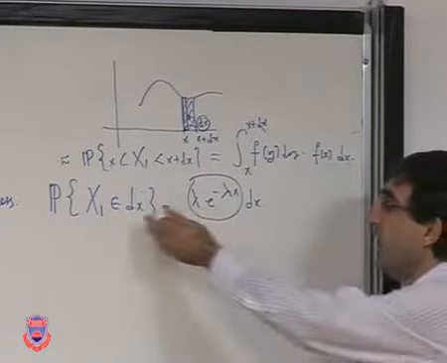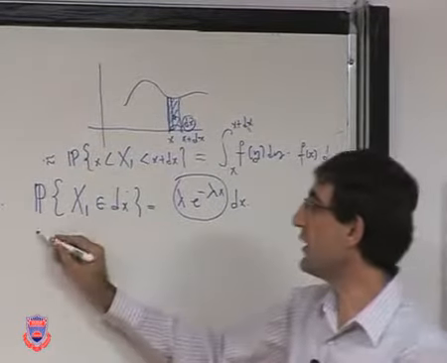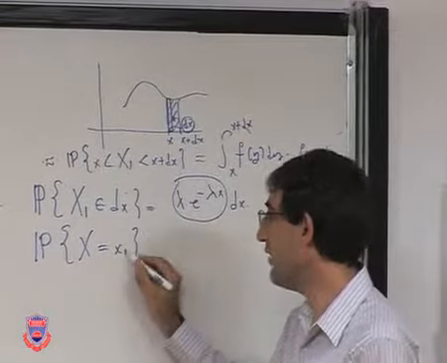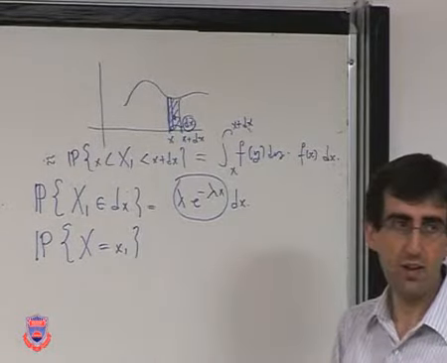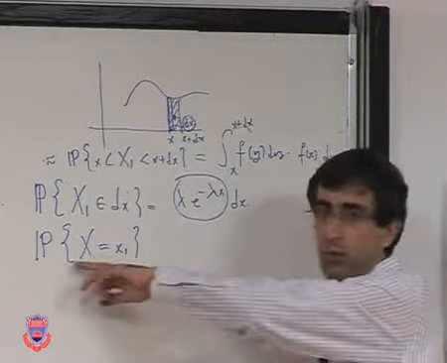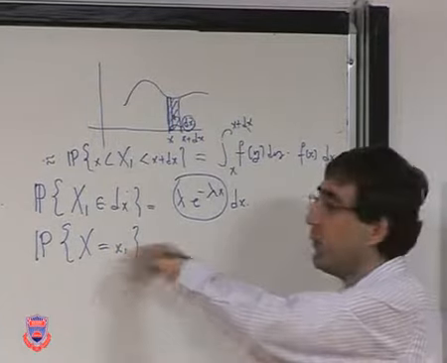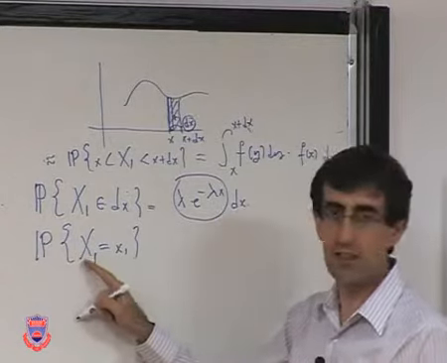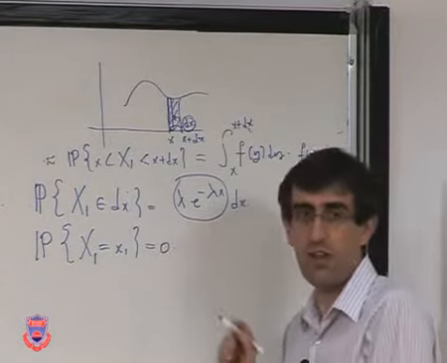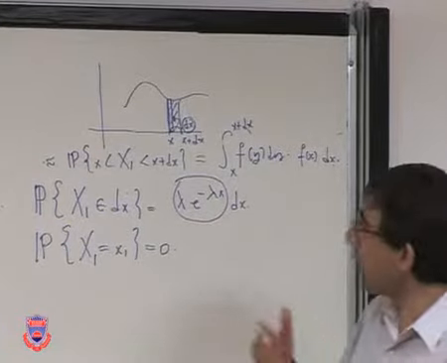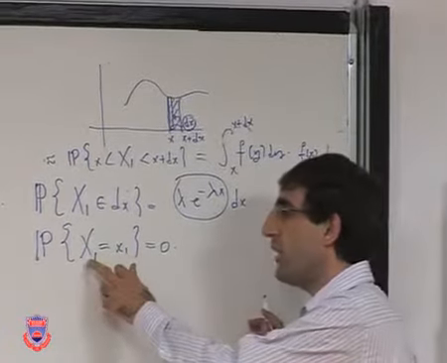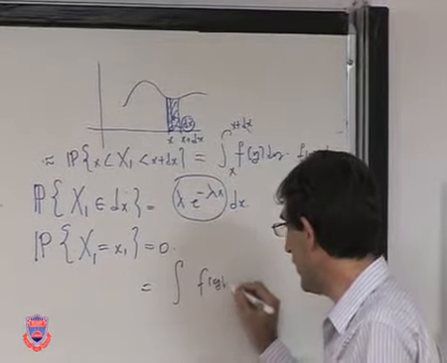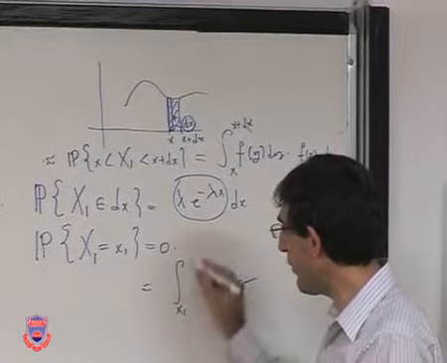Now, why do we write like this? This is the closest to writing the case of a discrete random variable. For discrete random variables, you are allowed to write such things because they have positive probabilities. For continuous random variables, this is always 0. It's just a matter of notation. It's more than that, actually. The probability that a continuous random variable equals x1 is just the integral of the density function over the interval from x1 to x1.